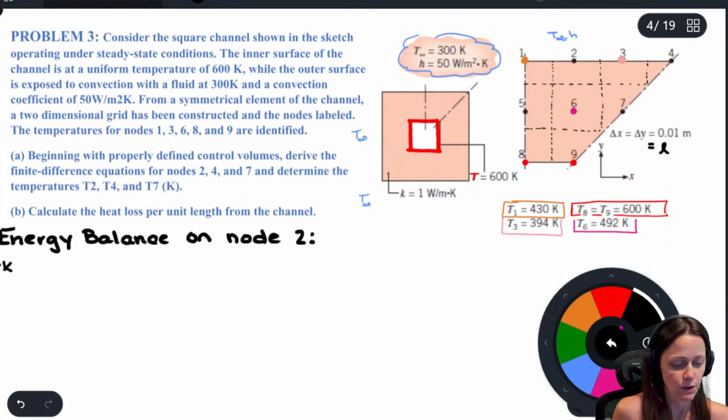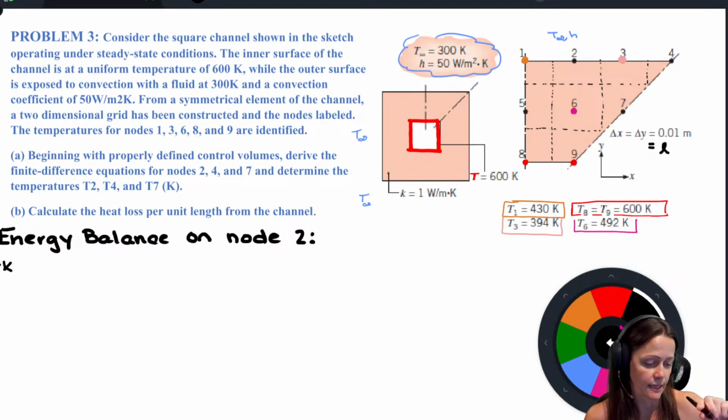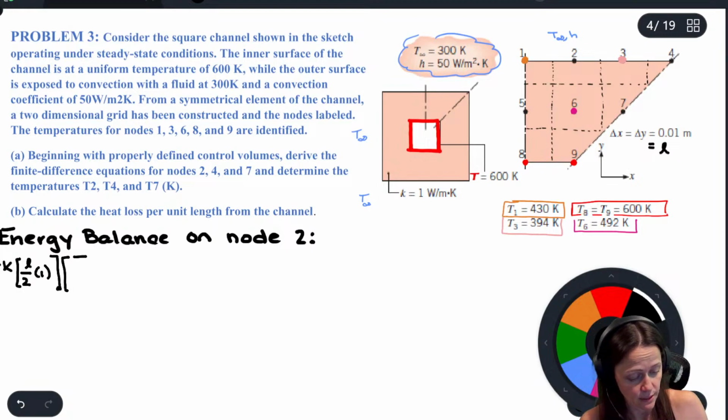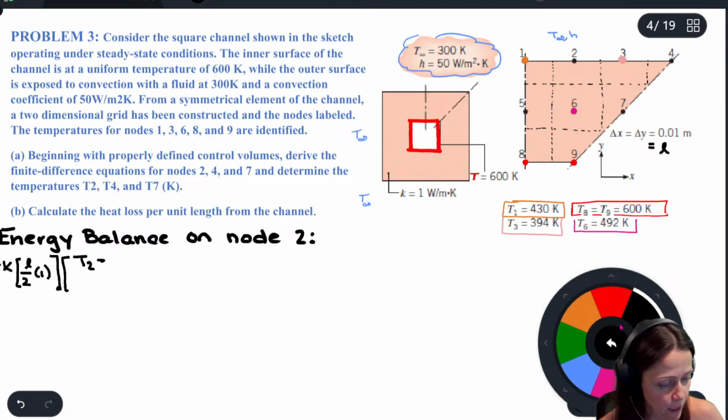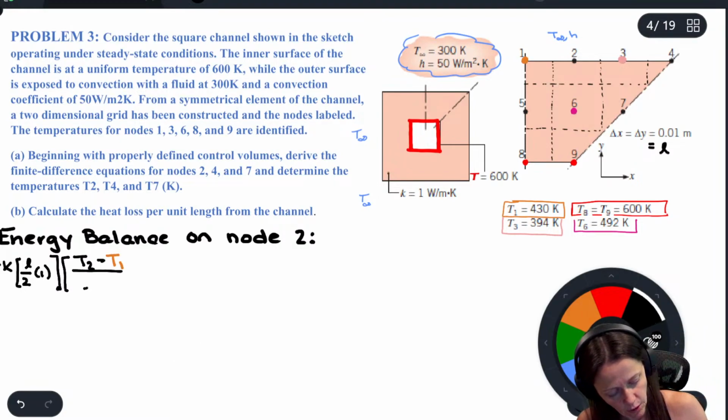For node 2, it's going to be K, and from 1 to 2 it's a half area, so this is going to be L over 2 times the 1, and then I've got T2 minus T1, which I know, over L.